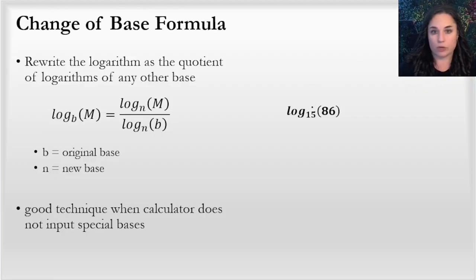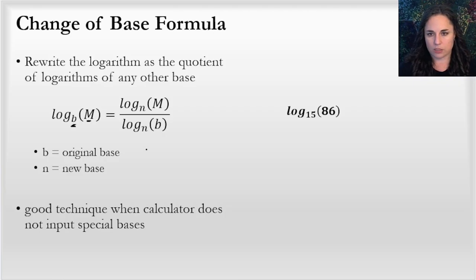But if you have just a regular calculator, or you're doing computer coding and just want to use a regular log, if I have a log base b of any number, we're going to take a new log of a different base. You're going to have a different base here, but it has to be the same base on top and bottom of the result over the old base.